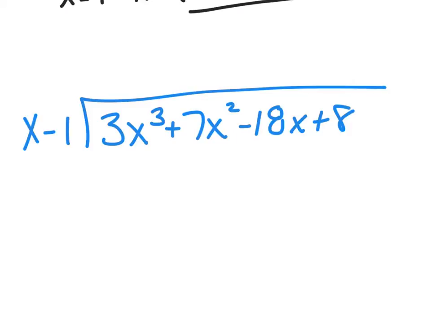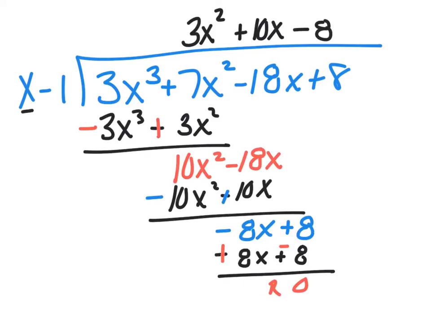I'm going to let you pause it, you work out your long division, and we'll see if we get the same thing. So good luck. So go ahead and check my work, see if you got the same thing. I got a remainder of 0, which tells me these are the two factors of this polynomial.